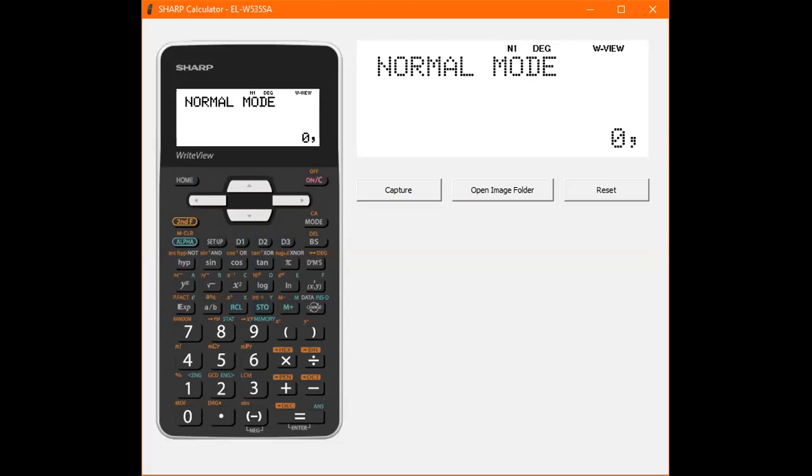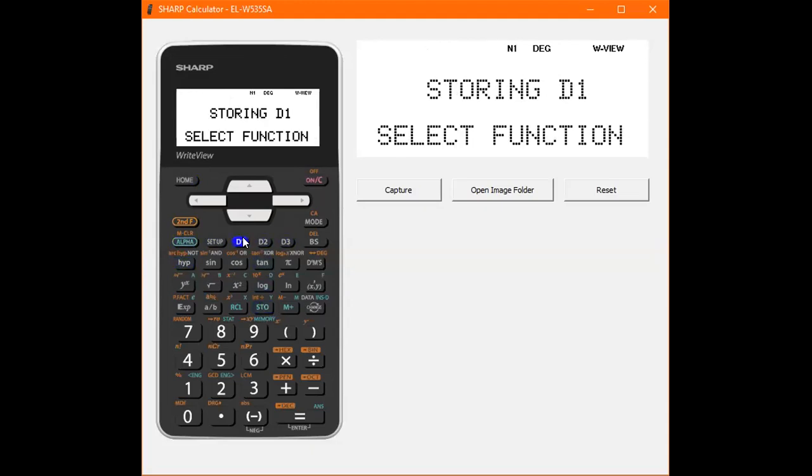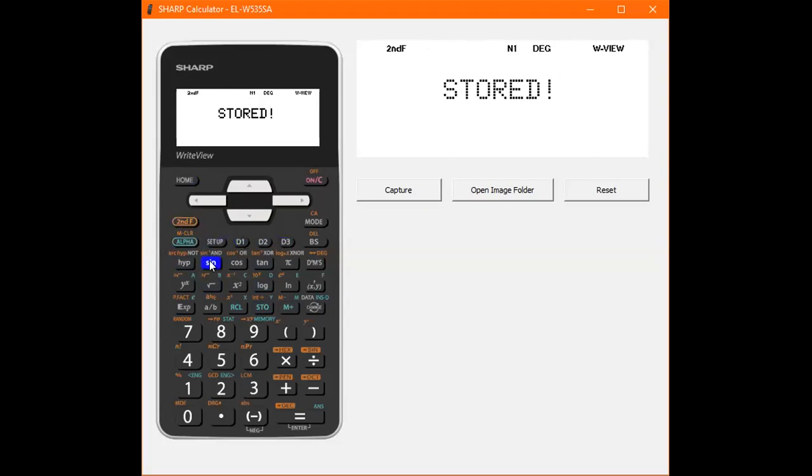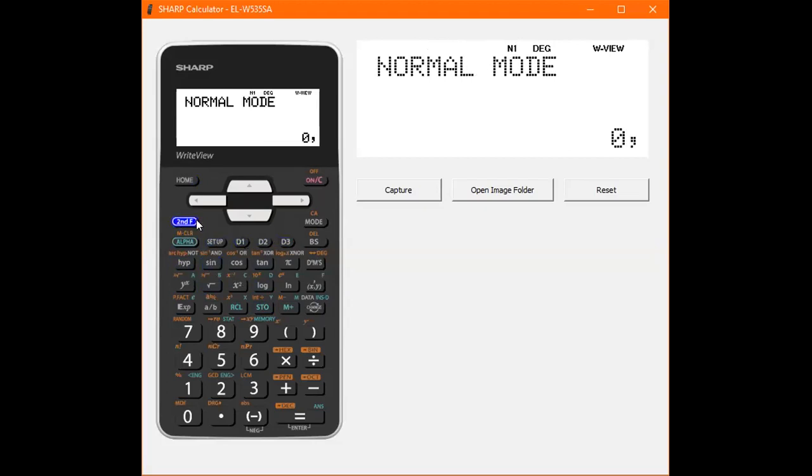Basically, you can save any functions that are already on the calculator that require 2 or more button presses. So we can store into D1, and then you can choose to say second function sine. And what happens now is, instead of having to press second function sine, you can now just press D1 instead.